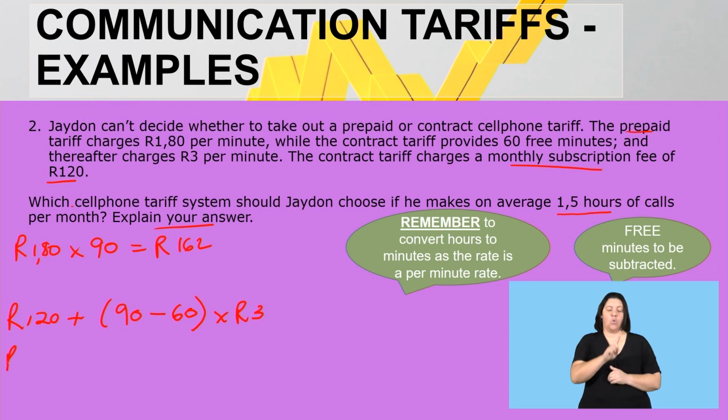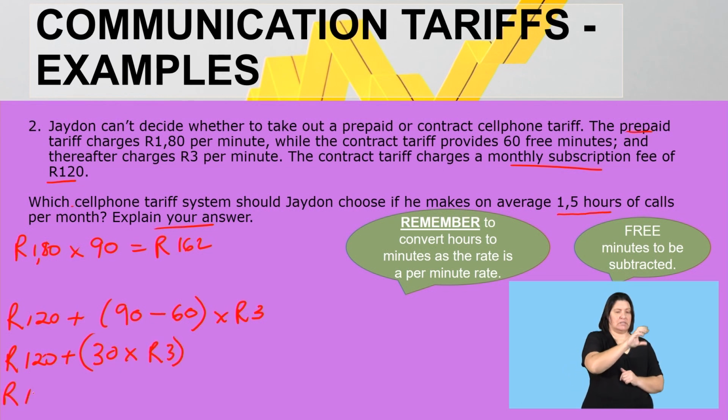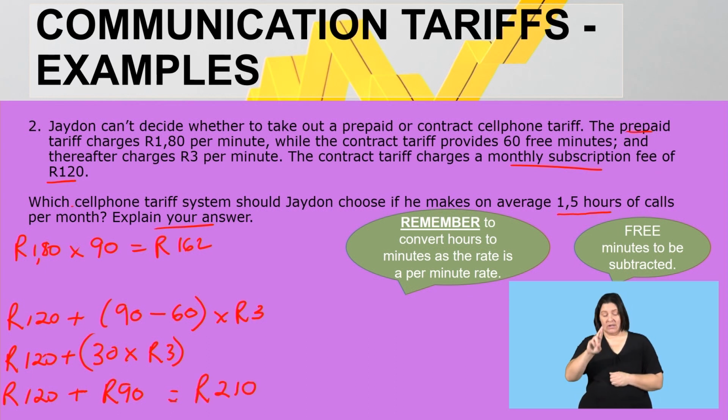So therefore, I take the 120 plus 90 minus 60 will give me 30. And that 30, I'll have to multiply by 3. So that will give me 120 plus 30 multiplied by 3, which is another 90 Rand. So if I complete this, I will say 120 plus my 90. So that will give me an amount of 210.